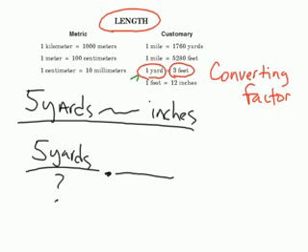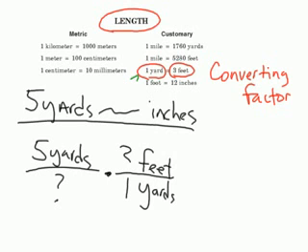Now I'm going to put a multiplication sign. I know I want yards on the bottom because it's on top over here. And I can't go straight to inches. I have to go through feet. So I'm going to put feet on top.